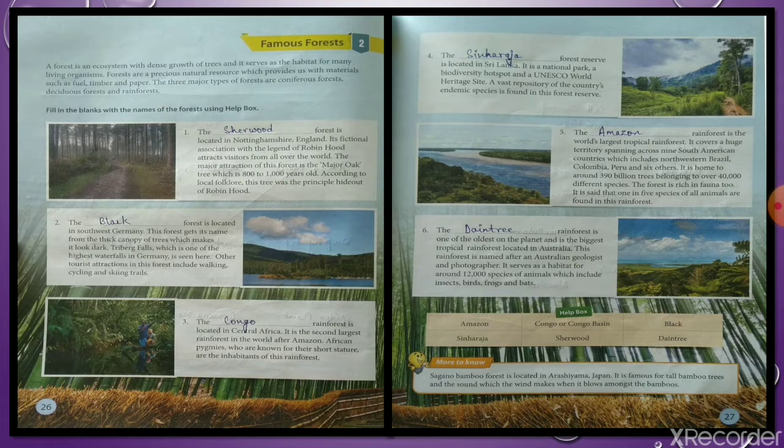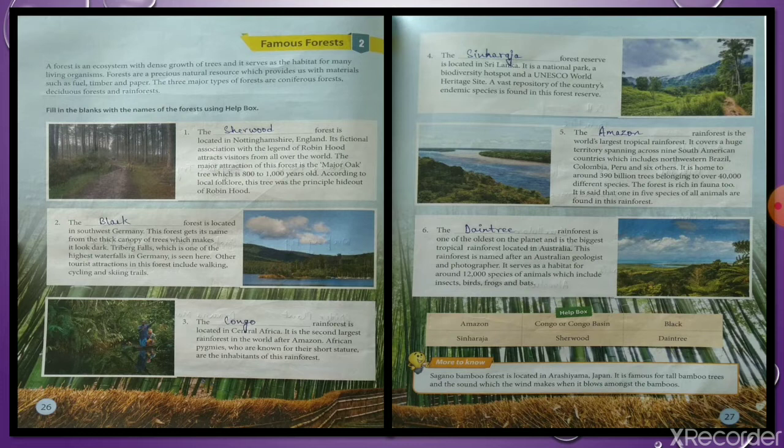The forest is rich in fauna too, meaning different types of animals are also found here. It is said that 1 in 5 species of all animals are found in this rainforest, and obviously the name of the forest will be Amazon rainforest because it is the world's largest tropical rainforest.